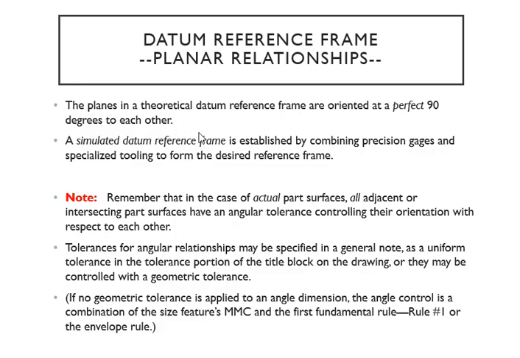We already talked about it. All the planes are at 90 degrees to each other. We have a simulated datum reference frame, and you're going to establish it physically outside by using gauges. I already told you about that. If you don't bring the gauges, you won't be able to find that plane.